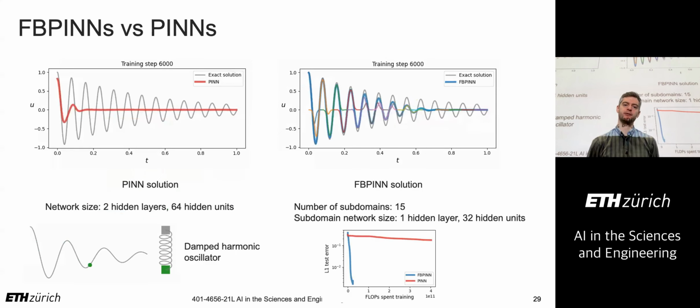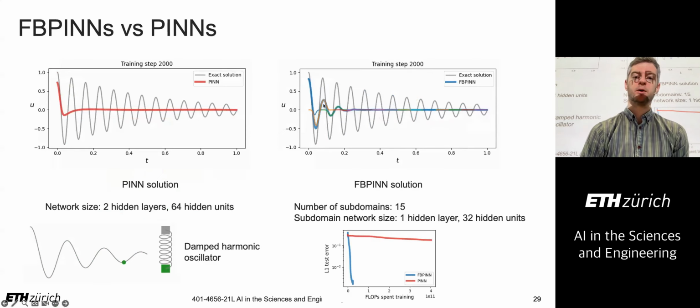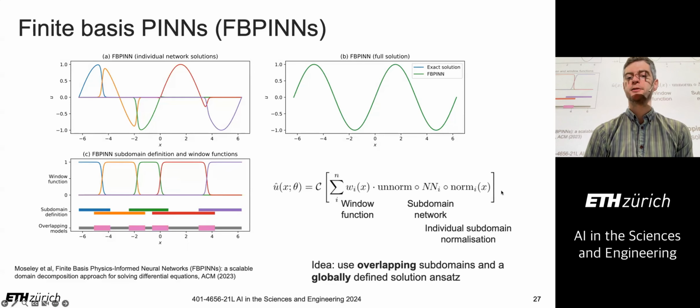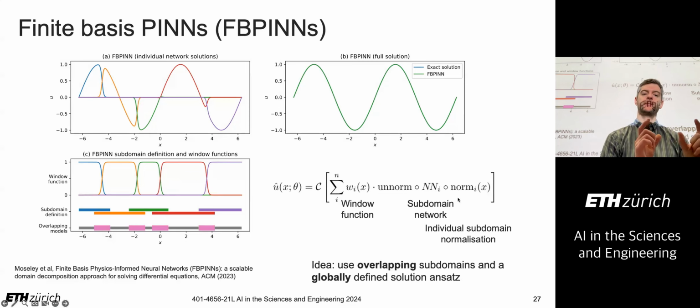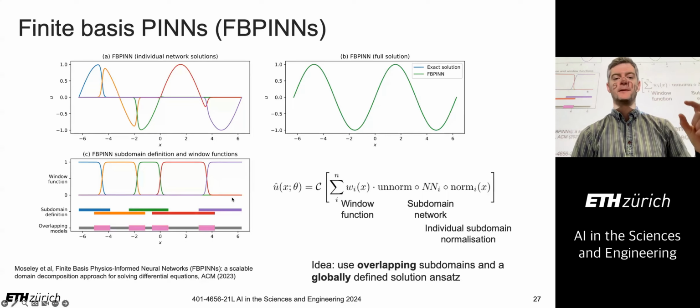Here's an example of the FB-PINN training on this damped harmonic oscillator problem. The FB-PINN works much better than the PINN in this case. One of the tricks that I didn't tell you about is that before we pass our coordinates into the subdomain networks, we normalize them between -1 and 1 within the subdomain region itself.